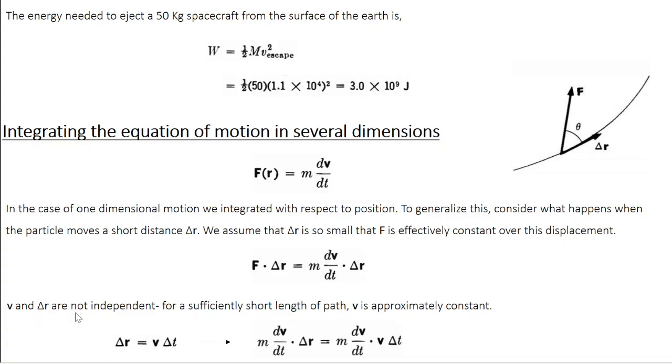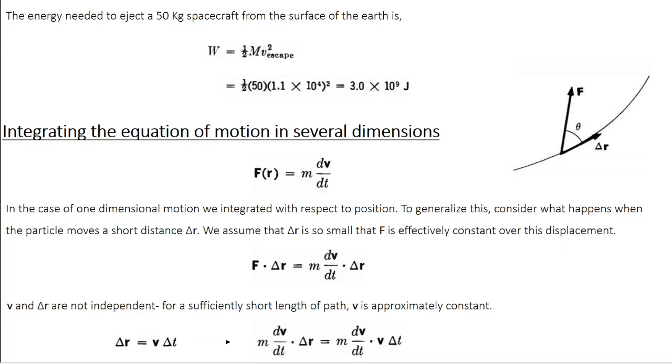And v and delta r are not completely independent. For a sufficiently short length delta r, you can approximate the velocity to be a constant. Then you know the relation velocity v equal to delta r by delta t, or delta r equal to v delta t. So on the right hand side, instead of delta r, now I can write v delta t.